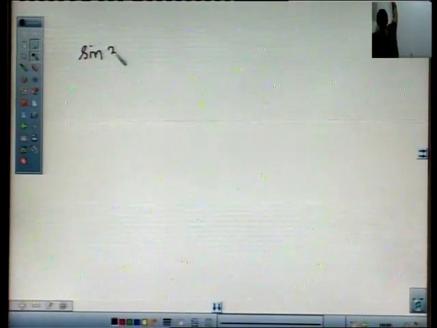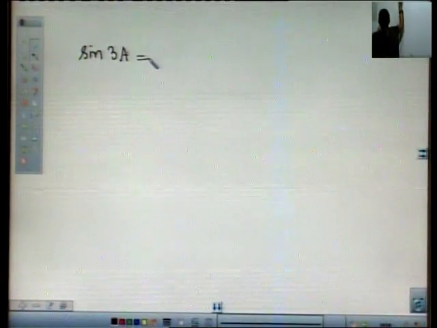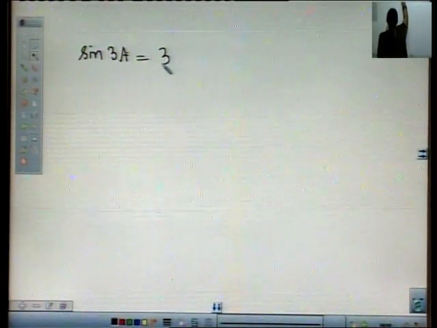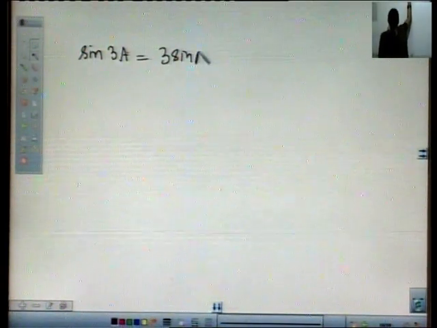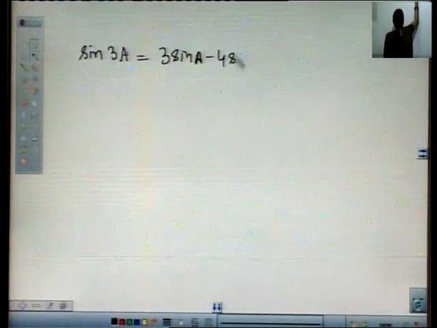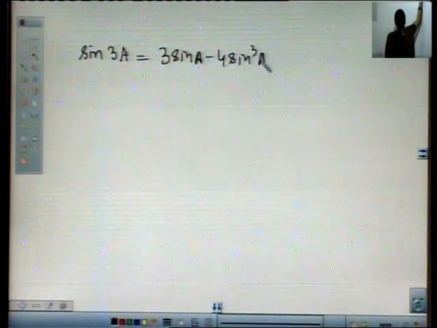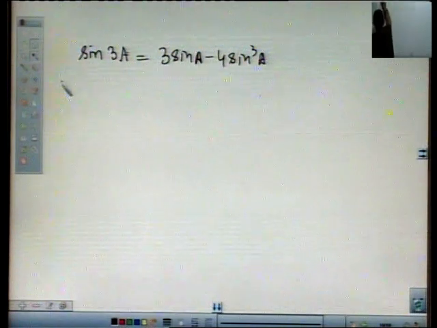Now formulas of sin 3a. Sin 3a is 3 sin a minus 4 sin cube a, but we have to prove this.